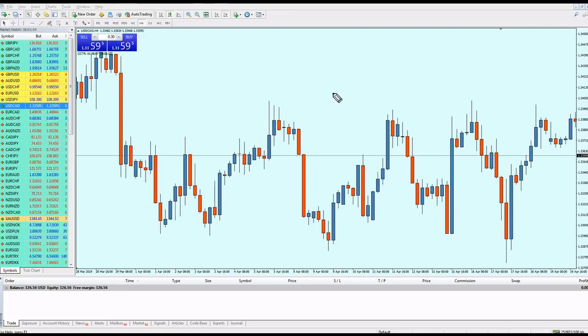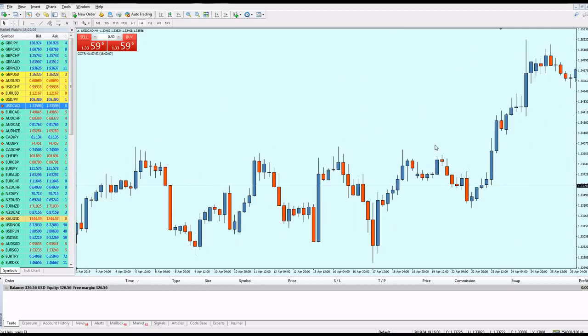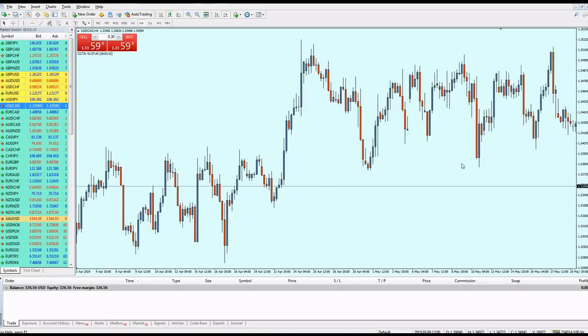Of course, the logic says every resistance will be followed by a bullish breakout candle, and every support will be followed by a bearish breakout candle. Now, absolutely, that doesn't mean that every support will be broken out. No, there are some levels.